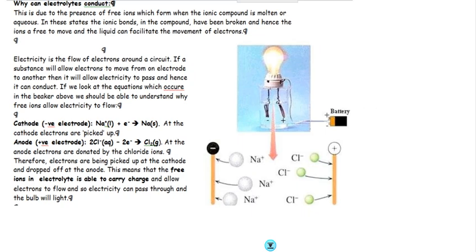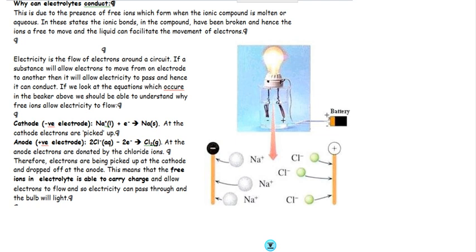Some other definitions that you need to know are the cathode, which we have here, and the anode, which we have here. The cathode is the negative electrode, which attracts positive ions, the sodium ion in this instance, and the anode is the positive electrode, which attracts the negative ions.